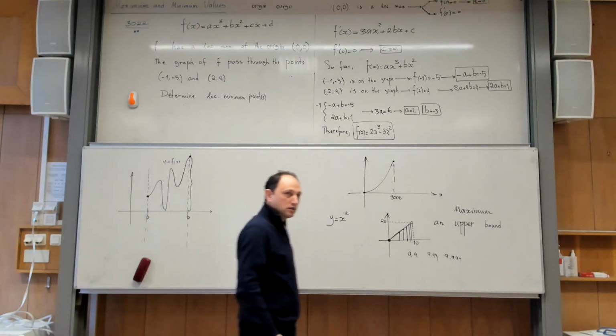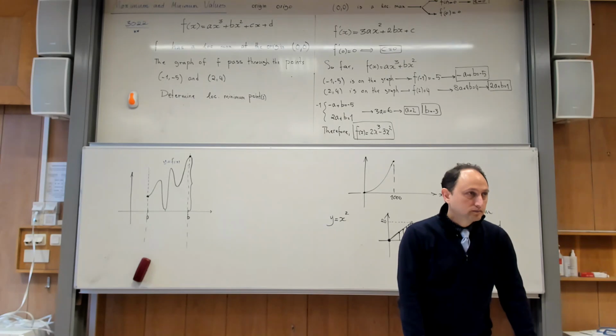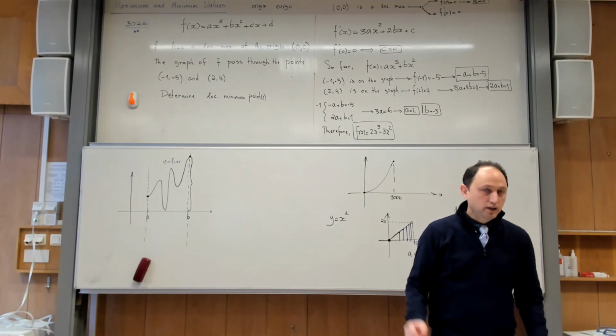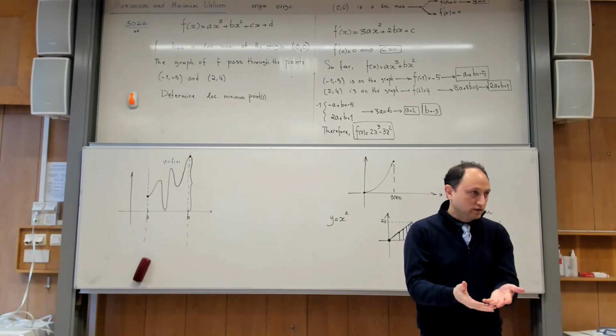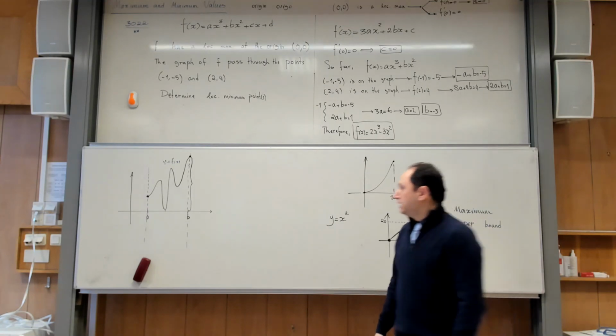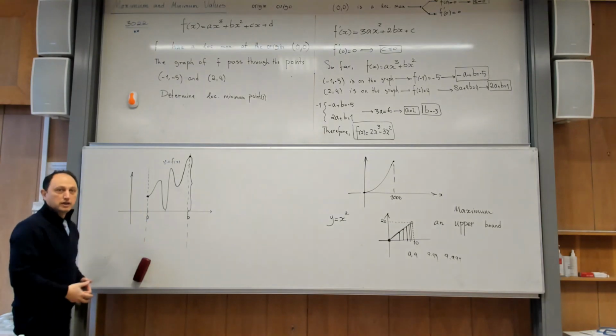Imagine. Yes? Either in the beginning or in the middle. Either it can occur in the middle, where you did there, or at the beginning or at the end. Yes, exactly. So it can occur at the endpoints or in the middle. That's clear. Yes? Okay.